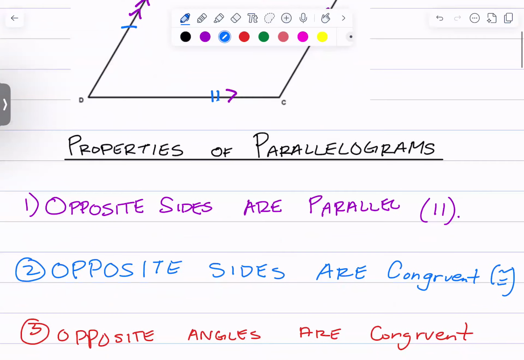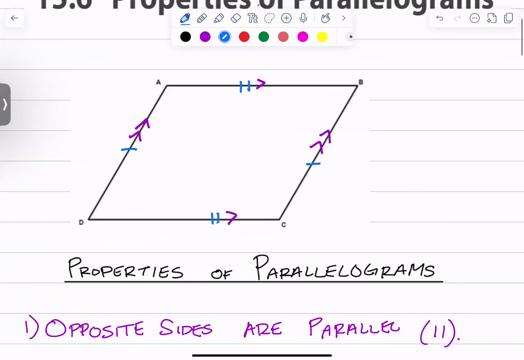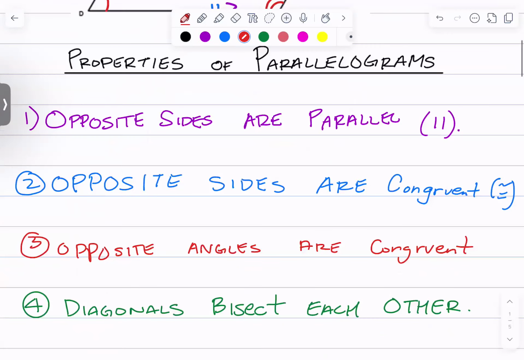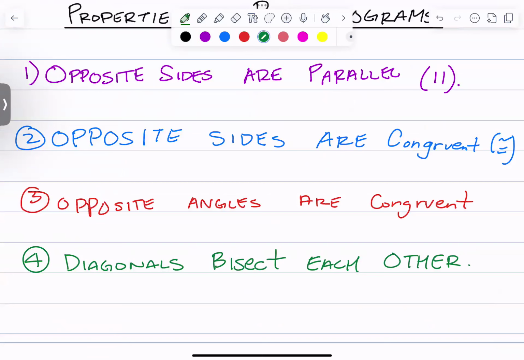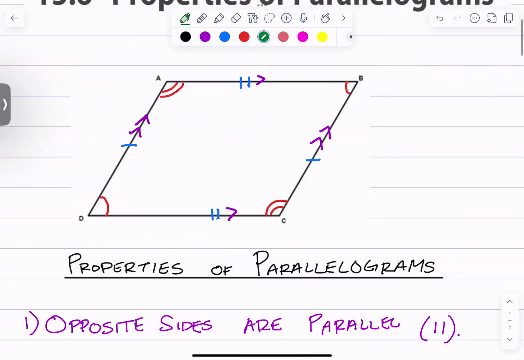Third one, opposite angles are congruent. So here, this angle is congruent to this angle, and this angle here is congruent to this angle here. Okay. Check. And then the last one, that the diagonals bisect each other. So if we have diagonals, remember, it's a segment that connects opposite vertices.